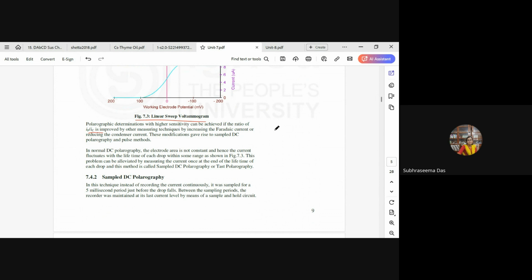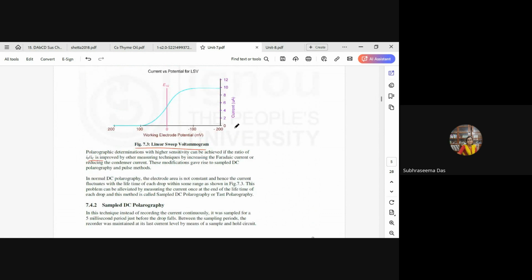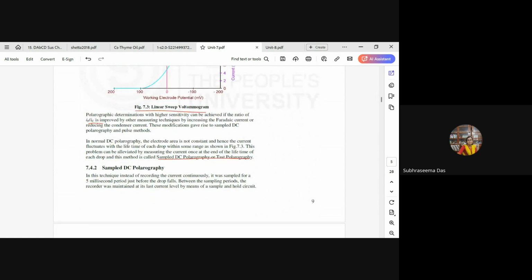So here we can see from this figure 7.3 how the current fluctuates. If the current fluctuates, then we can see there is a drop in the plot. So this problem can be solved by measuring the currents at one time, and this process is called sampled DC polarography or tast polarography.